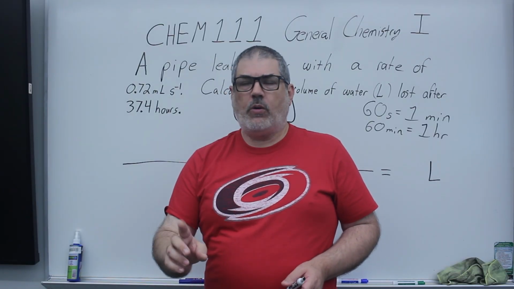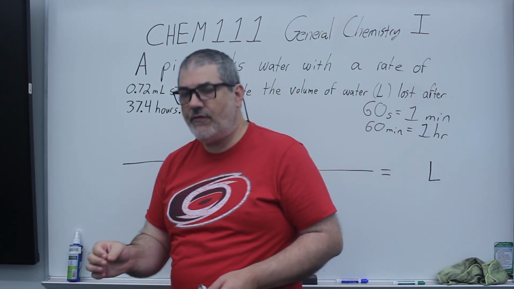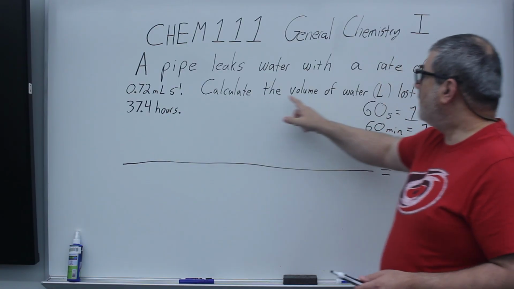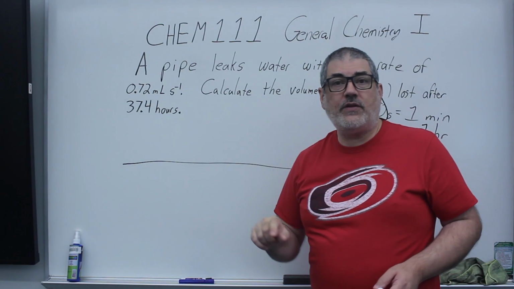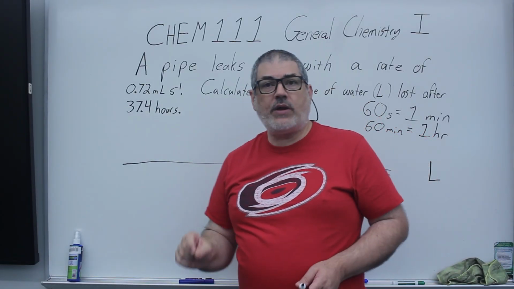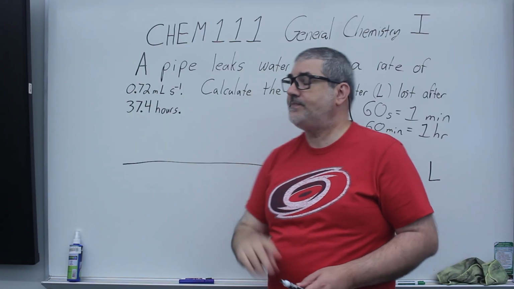What we're looking for is what is the unique piece of information we have to start the problem. Well, in this case, calculate the volume of water in liters lost after 37.4 hours. Okay? So the 37.4 is the unique piece of information to start.